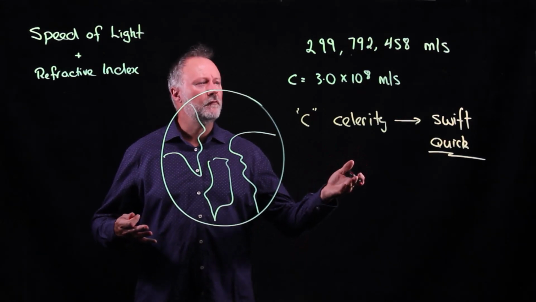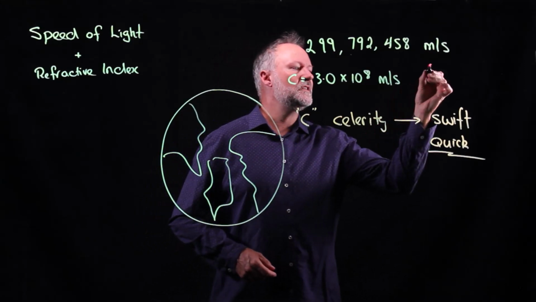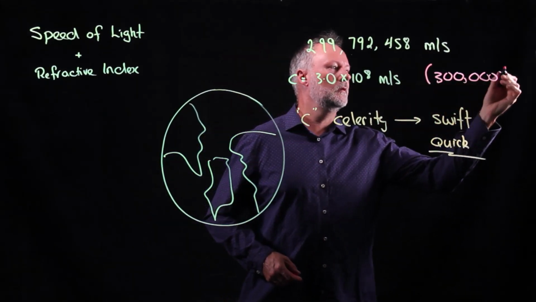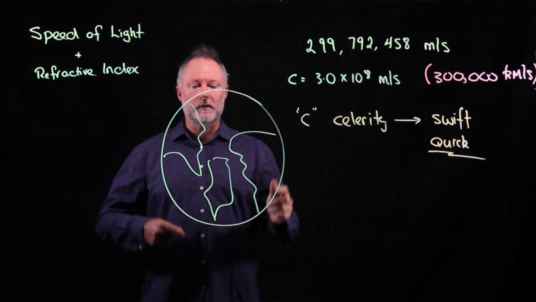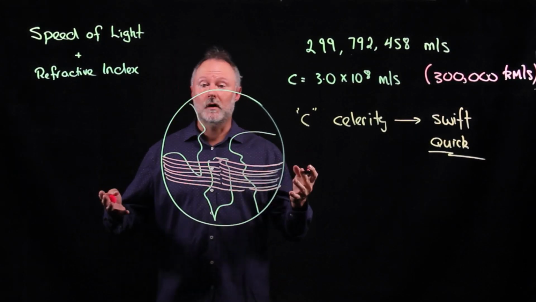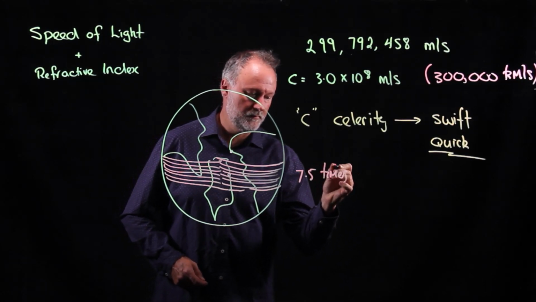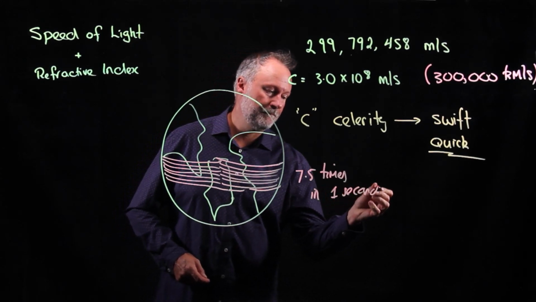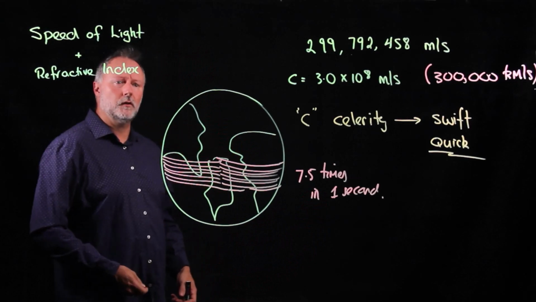The speed of light travelling at 3 by 10 to the 8 meters per second, which is the same as 300,000 kilometers per second, can travel around the globe once, twice, three times, 4, 5, 6, 7 and a half times in 1 second. That is extremely fast. 7.5 times around the globe in 1 second.